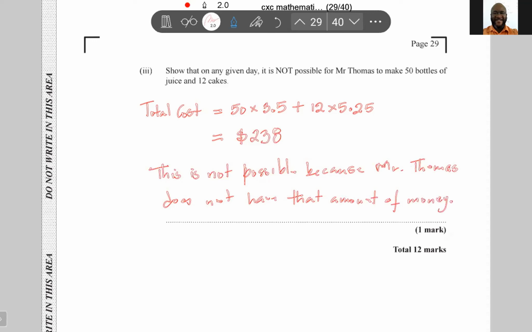So it's not possible because Mr. Thomas doesn't have that amount of money to spend to make cakes or juice. The maximum amount of money he has to spend is $163.